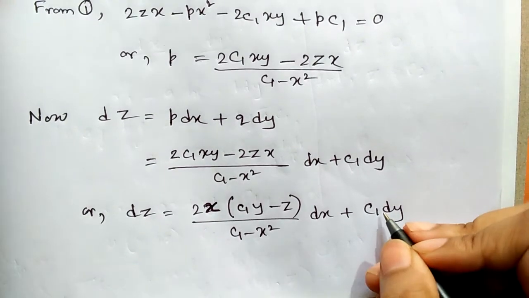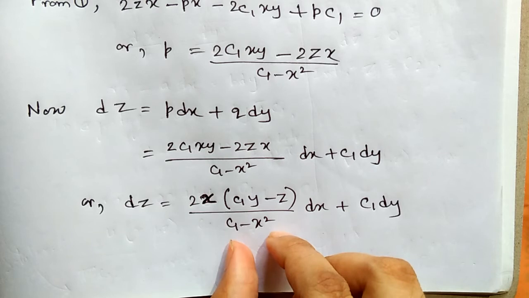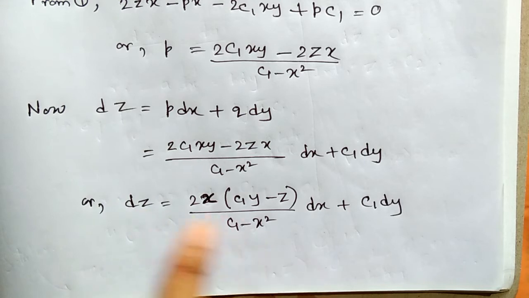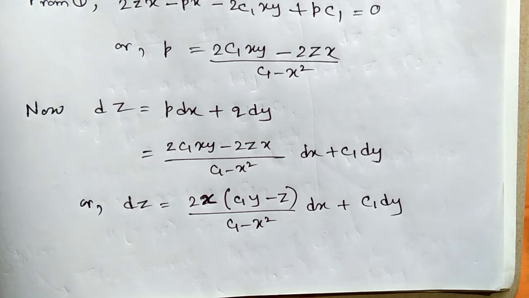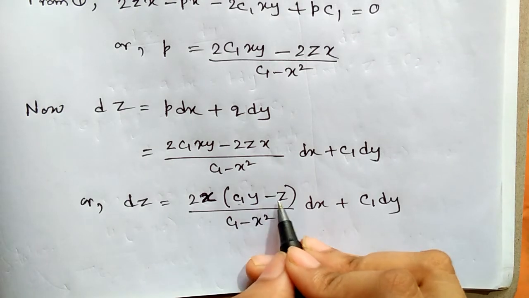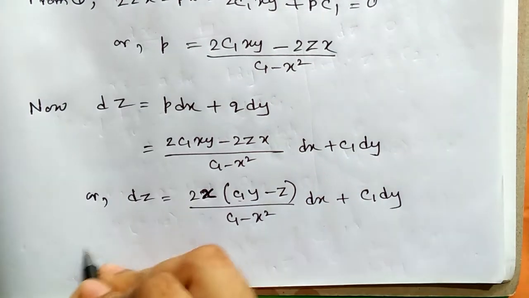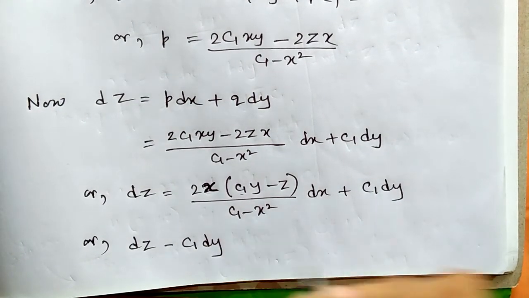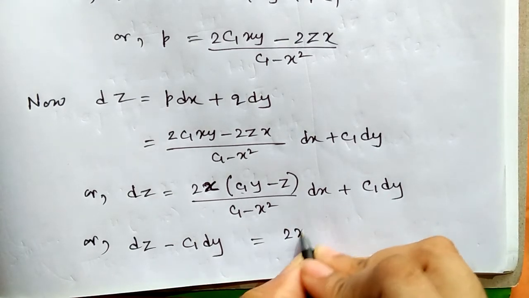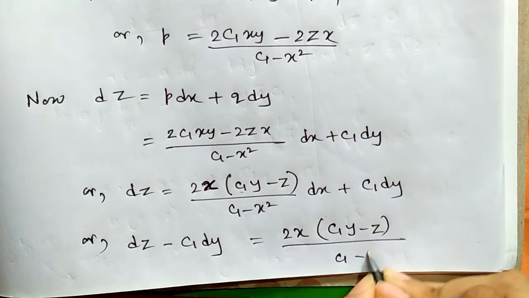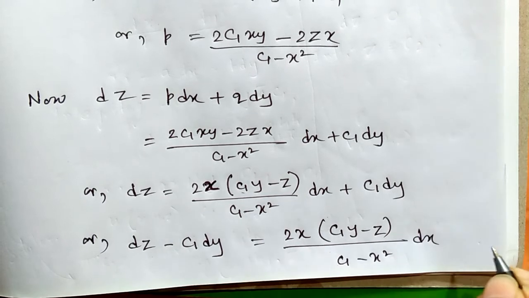Now if we cross multiply this, it will be quite difficult to get the solution. So see this c1y minus z dx. If I write it this way, dz minus c1 dy is equal to 2x into c1y minus z by c1 minus x square dx.